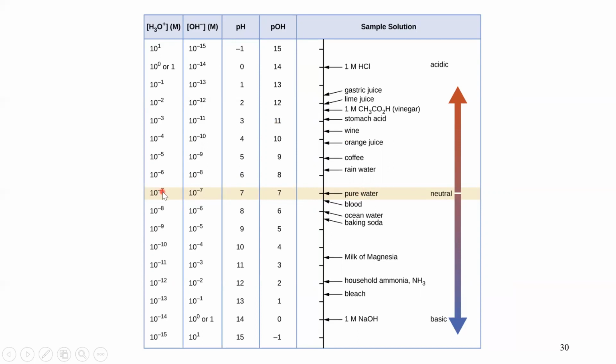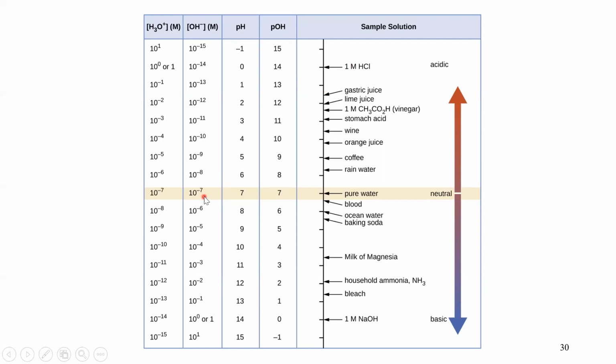If we're looking at a solution that's acidic, the hydrogen ion concentration is going up, while the hydroxide ion concentration is going down. And the bigger the hydronium ion concentration, the smaller the pH and the more acidic the solution is.